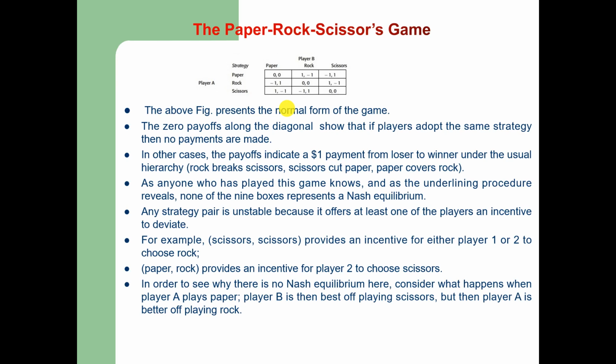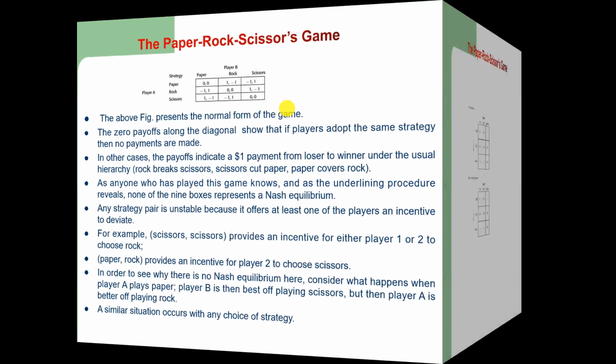So none of these strategies is stable, and there is an incentive for either player A or player B to deviate. A similar situation occurs with any choice of strategy. So it means that in this case there is no Nash equilibrium at all.